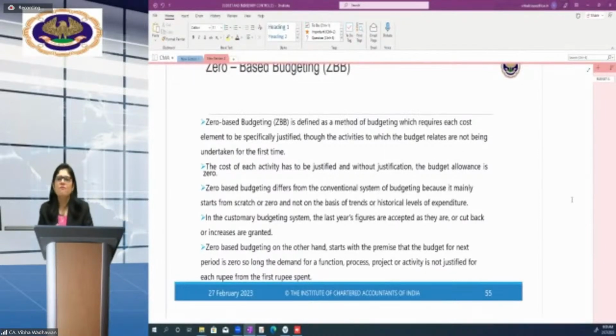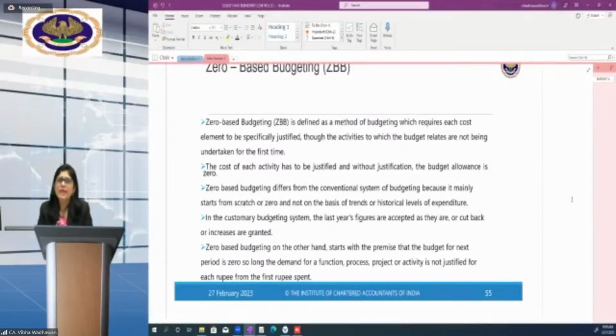If I have to do research and development budgeting, I have to see what is the benefit of the activity we are going to do. Unless the benefits are charted out, we will not get approval of the budget. And the second most important point is we don't take into consideration any past analysis, past performances, past records, or any historical data.